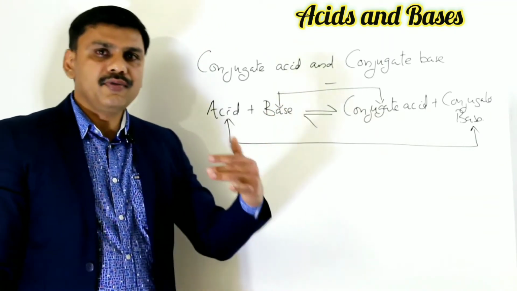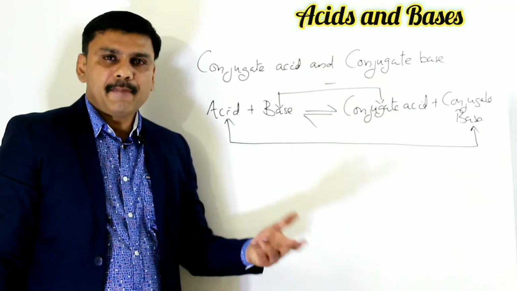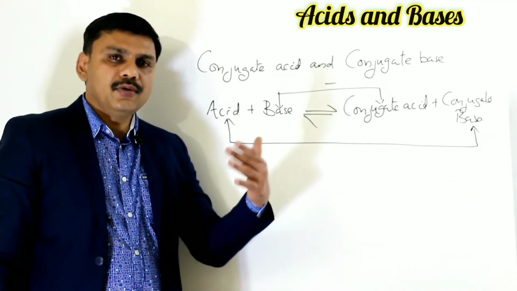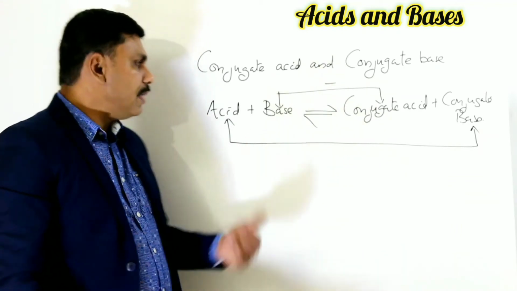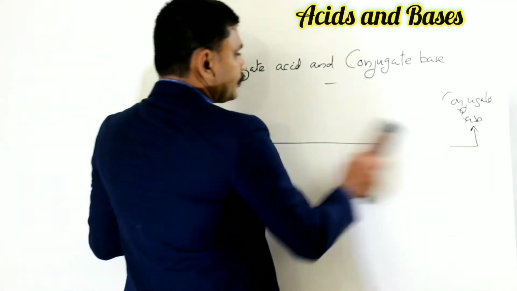So how can you form conjugate acid and conjugate base? They are very simple.